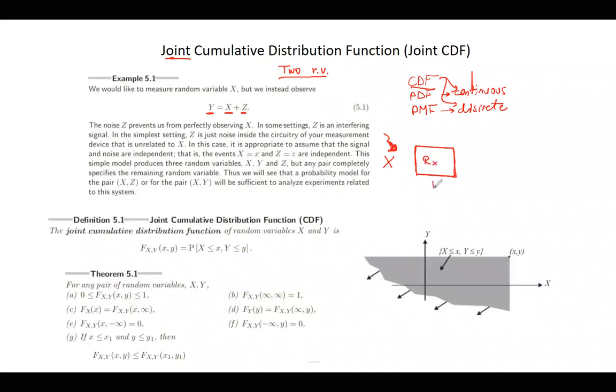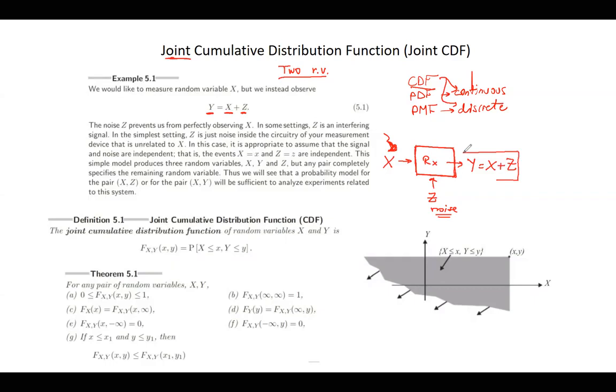It introduces somehow a noise, noise generated by the system receiver. So X enters into the receiver, Z, the random noise, is added to X, and then we get Y.